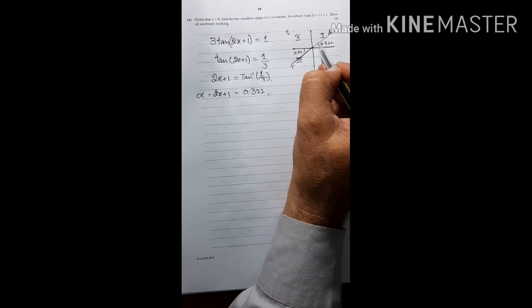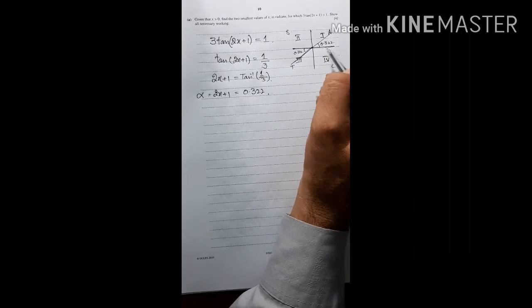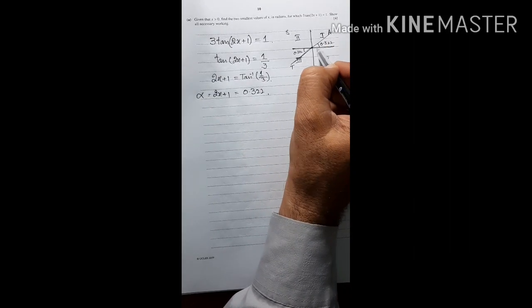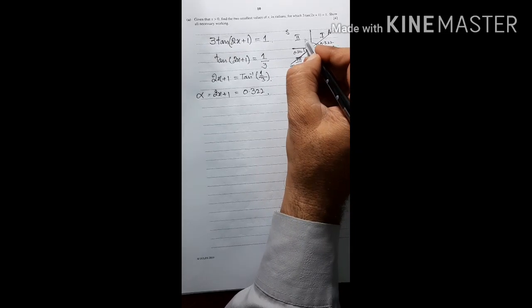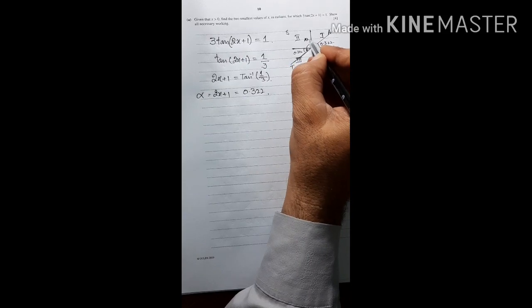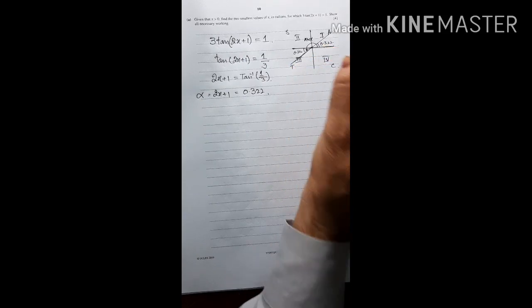So the theta is equal to alpha in the first quadrant always, and for the second angle the theta will be this one, which is pi plus alpha.